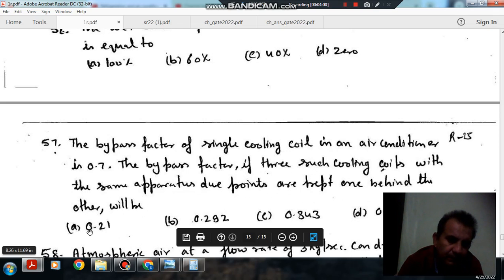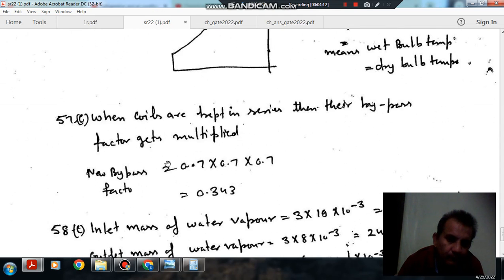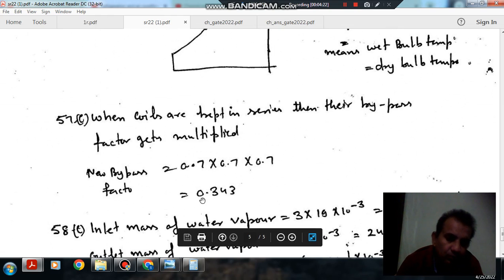Option A, 0.21; option B, 0.292; option C, 0.343; option D, 0.412. When their capacities and apparatus dew point temperature are the same, their bypass factors get multiplied. So that is 0.343. So the answer is option C.